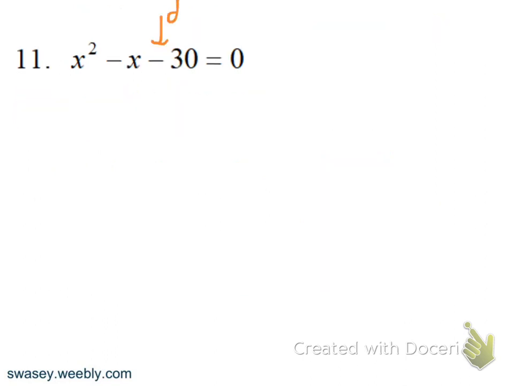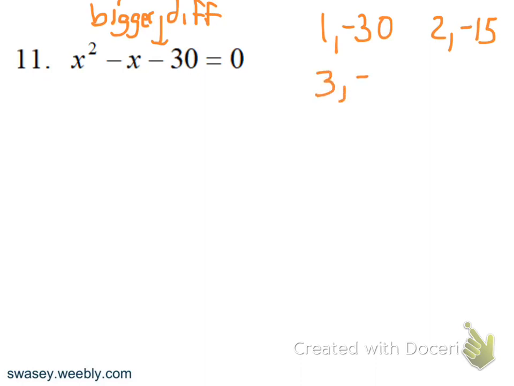You got different signs, and the bigger one's negative. Trying to multiply and get negative 30. So the pair that adds up to negative 1 is 5 and negative 6.